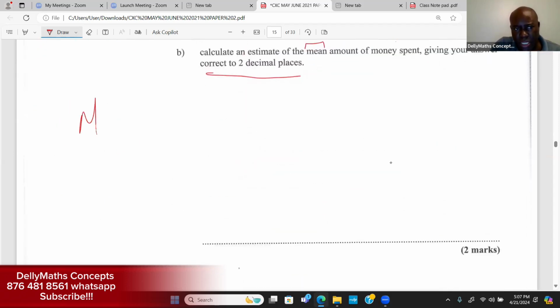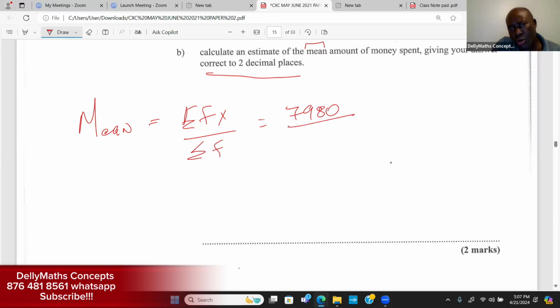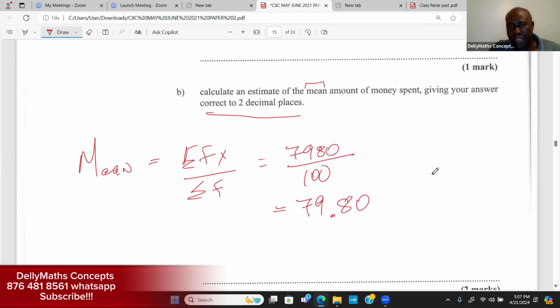Remember that an estimate for the mean is going to equal the sum of fx over the sum of f, and this is 7980 over 100, and we're looking at 79.80 dollars. So there it is, our mean. That's the amount of money spent, really.